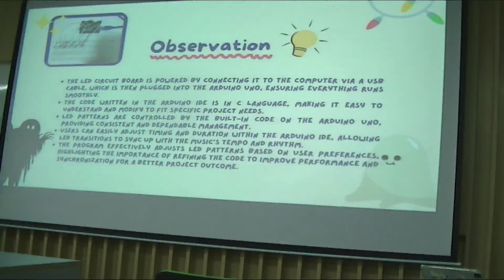Users can easily adjust timing and duration within the Arduino IDE, allowing LED transitions to sync up with the music tempo and rhythm. The program effectively adjusts LED patterns based on user preference, highlighting the importance of refining the code to improve performance and synchronization for a better project outcome.